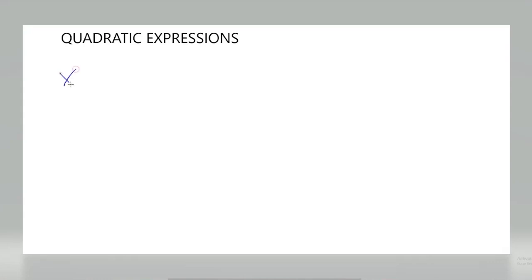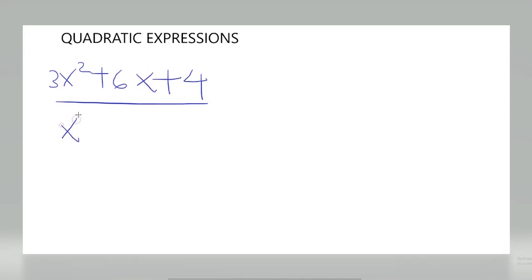For example, x squared plus 6x plus 4: the highest exponent is 2, so this one is a quadratic expression. Or x squared minus 1, highest exponent is 2, so this one is a quadratic expression.